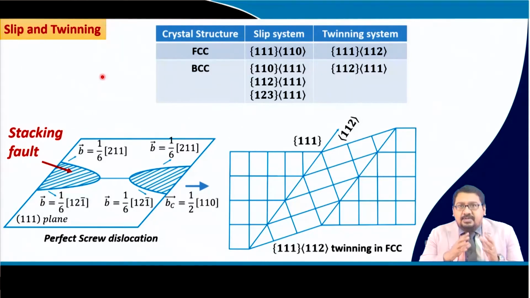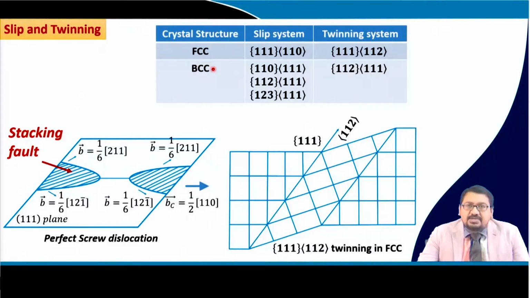Now, in different modules we will take up each of these crystal structures, face centered cubic, body centered cubic and hexagonal close packed, and we will see how each behaves and how their texture forms in terms of pole figure and orientation distribution functions, that is in the Euler space.